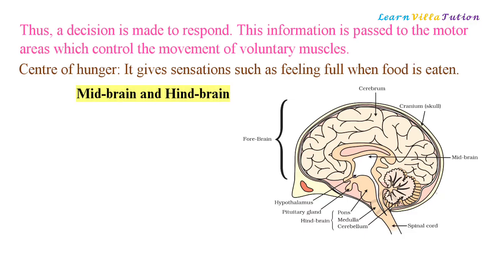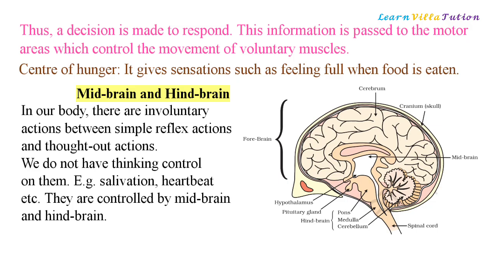Midbrain and hindbrain. In our body, there are involuntary actions between simple reflex actions and thought-out actions. We do not have thinking control over them. For example, salivation, heartbeat, etc. They are controlled by the midbrain and hindbrain.